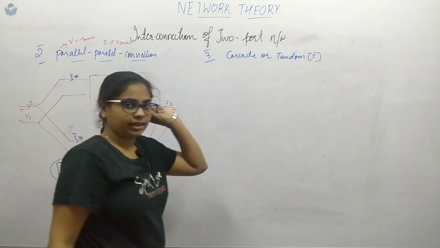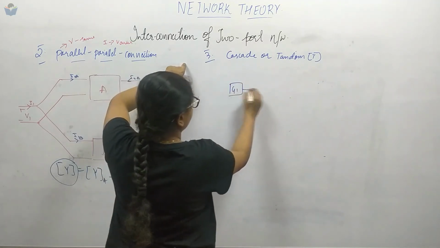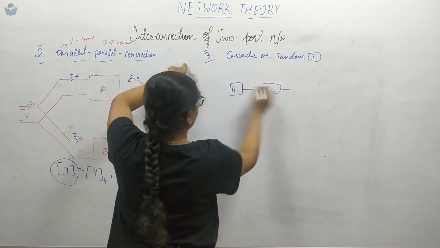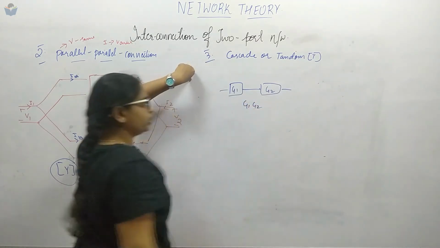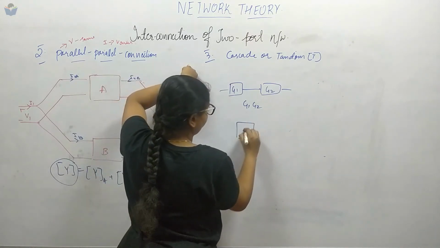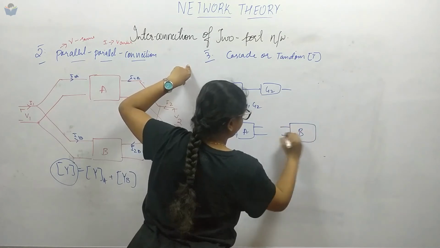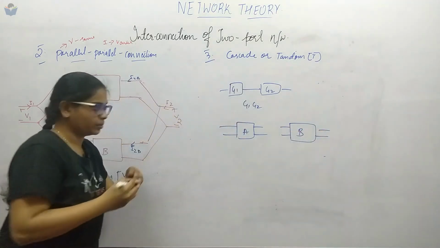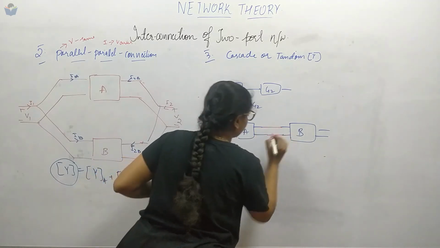If you have learned control systems, these are gain blocks. If two things are cascaded in this way, then you will multiply, it will be G1 into G2. Similarly in the network, if you have one port over here and another port here, what you will do is join the networks in this way.